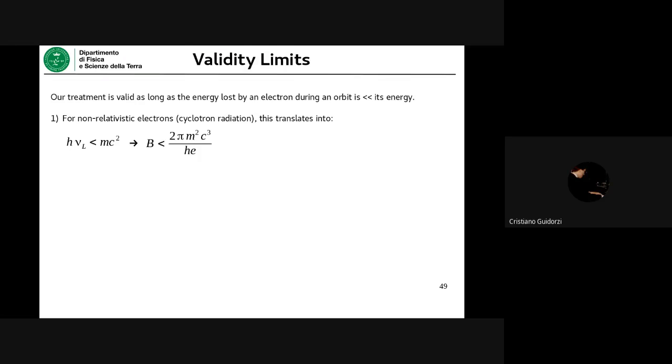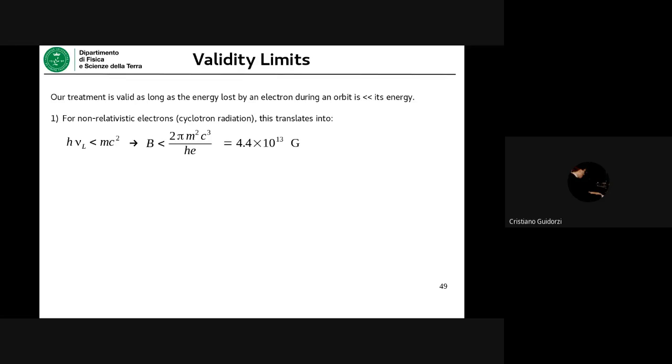But if you use the formula definition of the cyclotron frequency, you see that the only possible variable is the magnetic field, having fixed the particle, for example the electron. So in the case of cyclotron frequency, this approximation holds true as long as the magnetic field is smaller than 10 to the 13 Gauss.